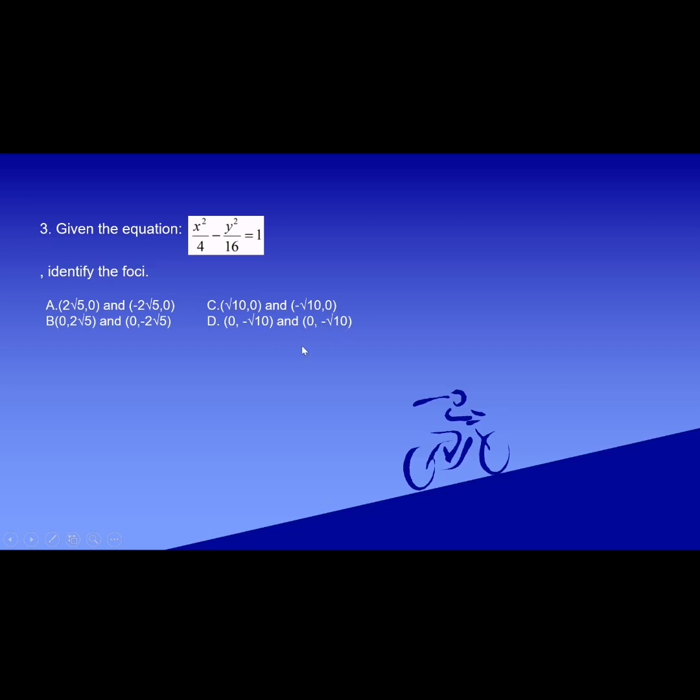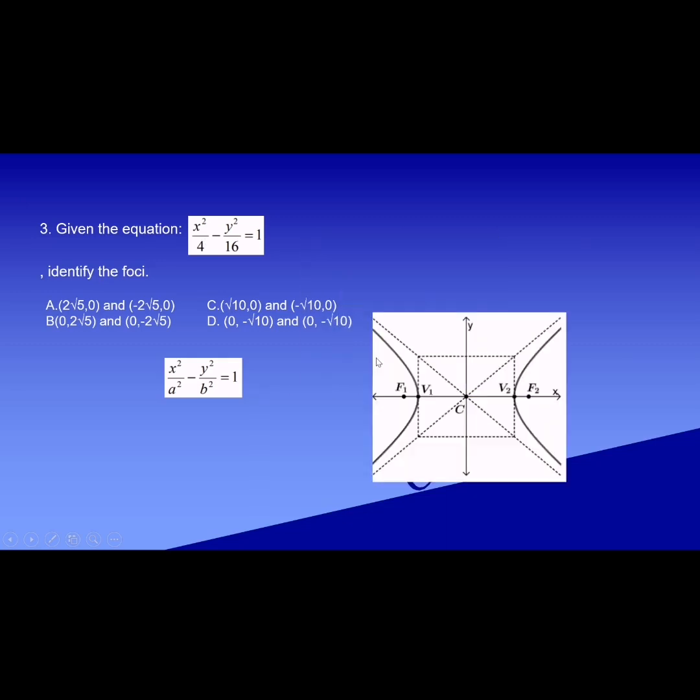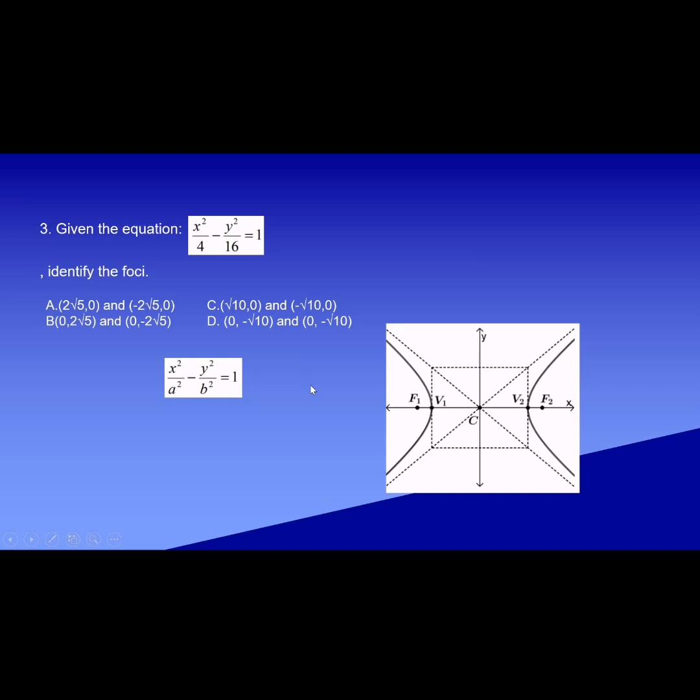Again, gagamitin natin yung standard equations of the hyperbola, that is x squared over a squared minus y squared over b squared is equal to 1. Yan. In order to visualize these equations, so gamit din natin yung graph ng hyperbola. So let us use c is equal to square root of a squared plus b squared.